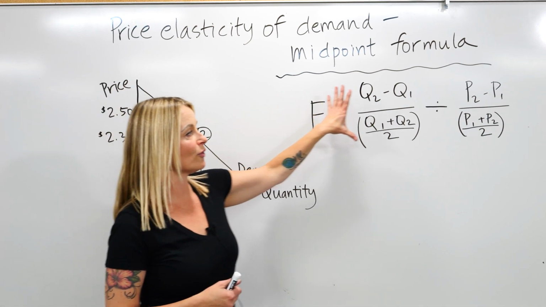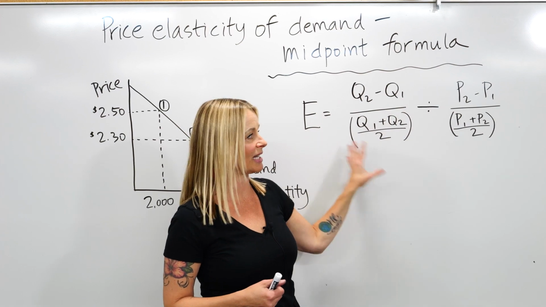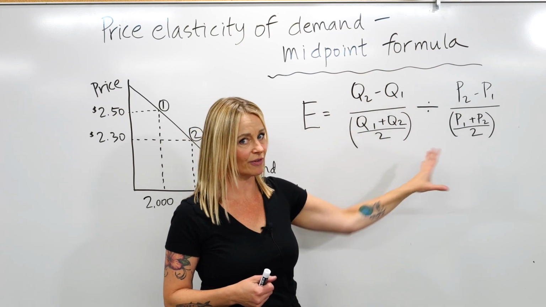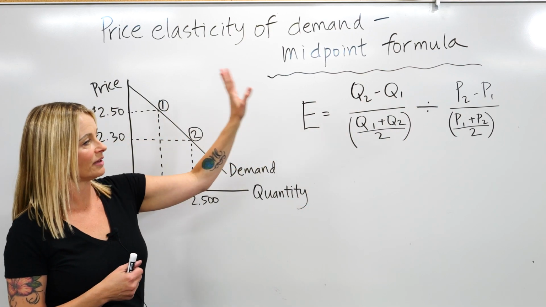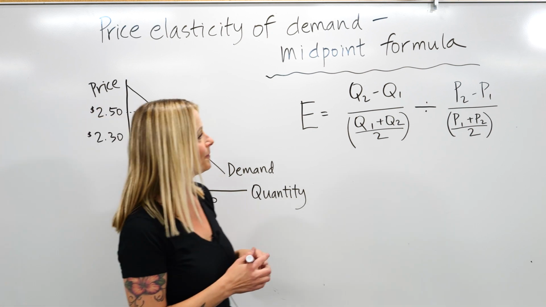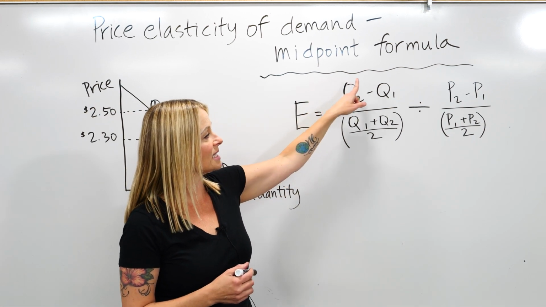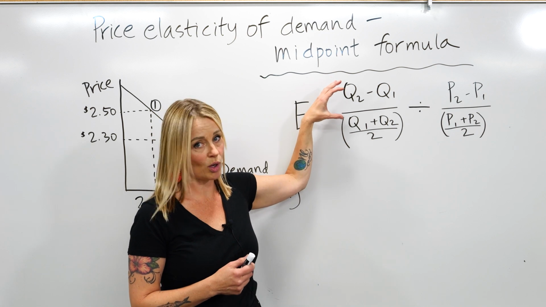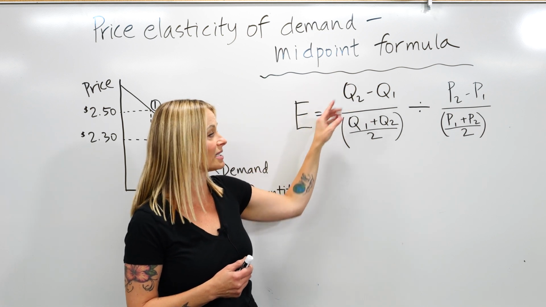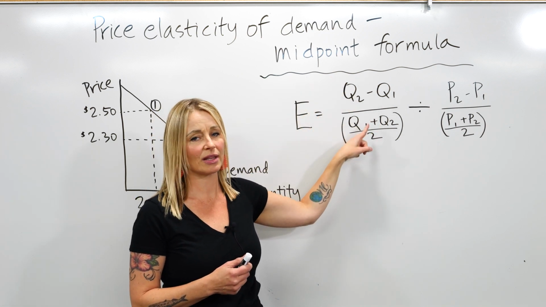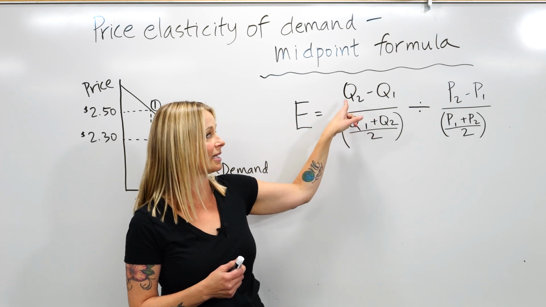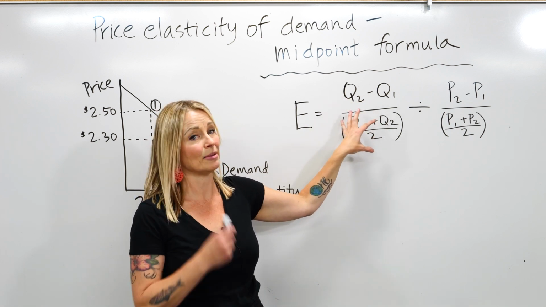So the midpoint formula for the price elasticity of demand looks like this. It's very gorgeous if you love math. And if you don't, then just hang in there. So we're looking at basically the percentage change in quantity here. The formula comes from that. And we're using the midpoint. That's why they're averaged out here on the bottom. So we're taking the change in quantity divided by the midpoint.